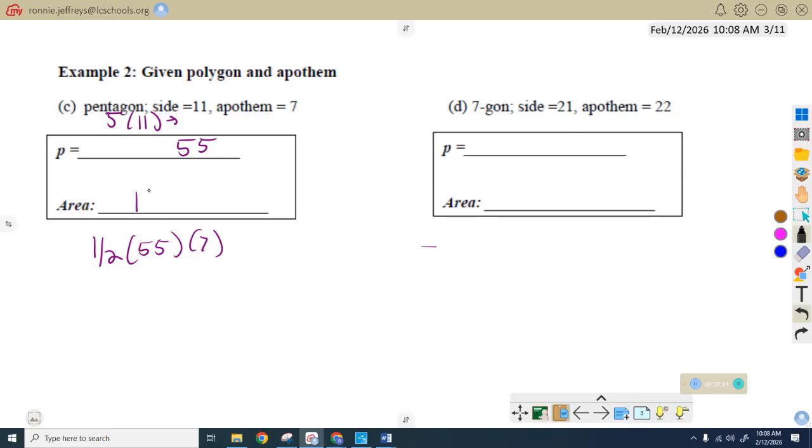Alright, so we get 192.5. Now, we don't have a unit of measure, so we just leave it like this.